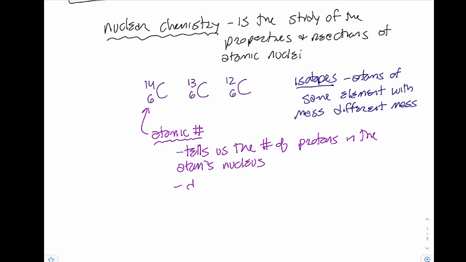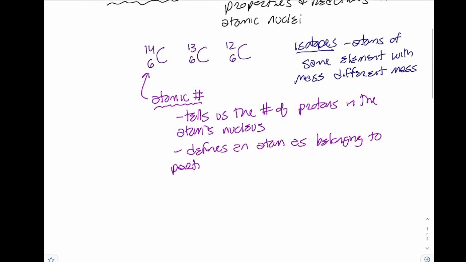And again, it defines an atom as belonging to a particular element.